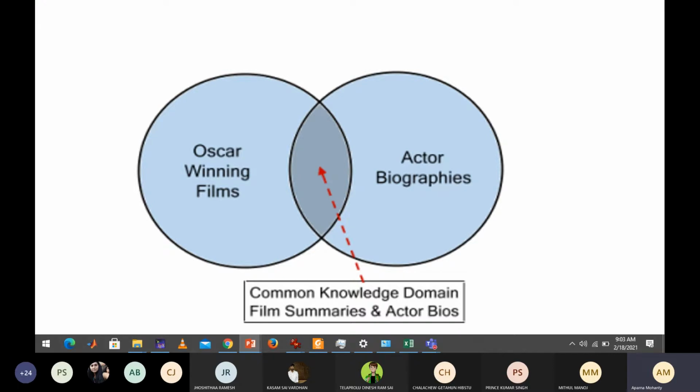All these details are in one particular site, and another site contains only the biographies of the stars. Obviously we can merge these two sites or these two data sets if the name attribute, the name of the star, is common between both the sites. Then we can merge the information from both the sites.